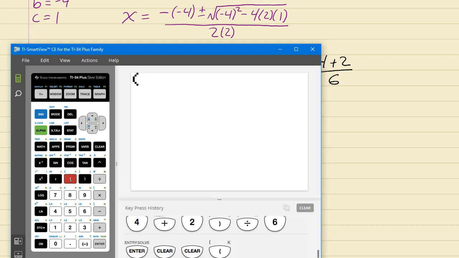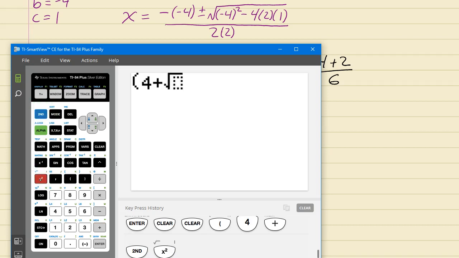And I know that negative 4 is just 4, so I'm going to leave that there. And then your calculator doesn't have a plus or minus button. It has a plus button and it has a minus button, so you have to do them separately with different expressions here. So let's see, we're going to do 4 plus the square root of negative 4 squared.